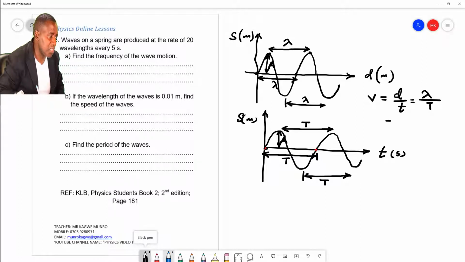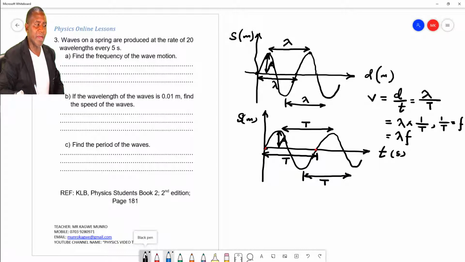And then, of course, this translates into lambda times 1 over T. And somewhere during this particular lesson, I told you 1 over T is actually frequency. So this is going to be equal to lambda times frequency. So there are 3 equations that you can use to calculate speed: distance over time, or lambda over T, or lambda f.